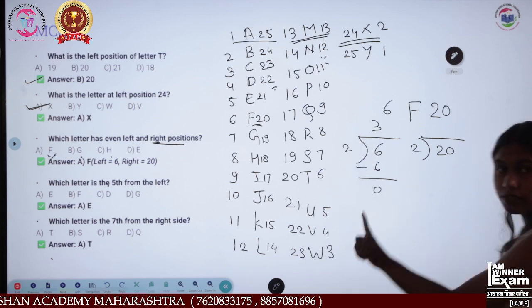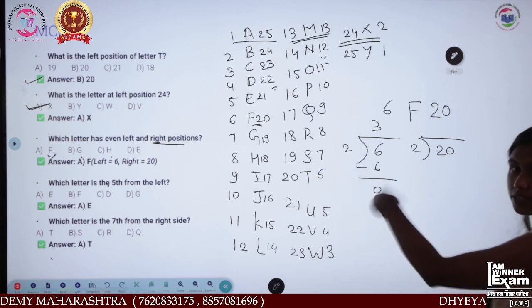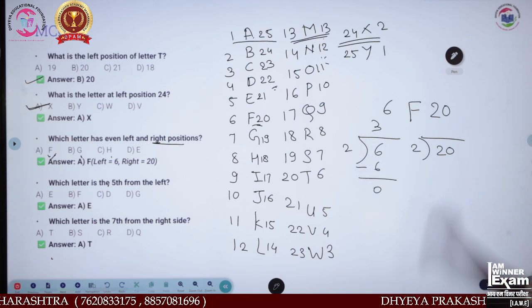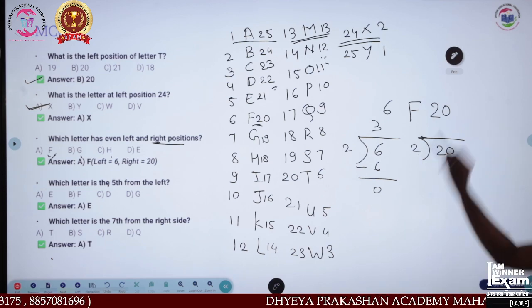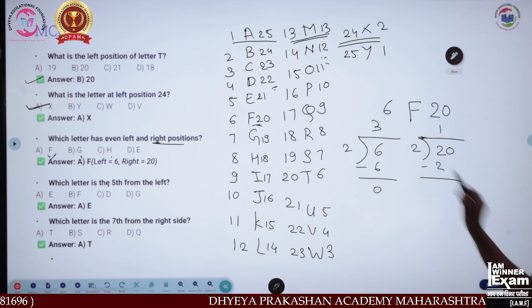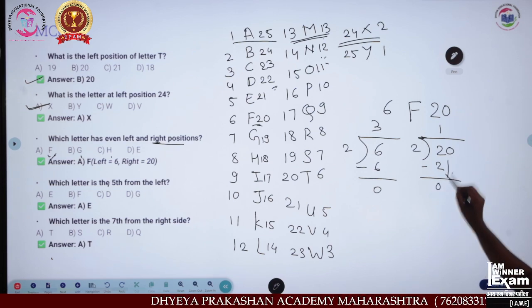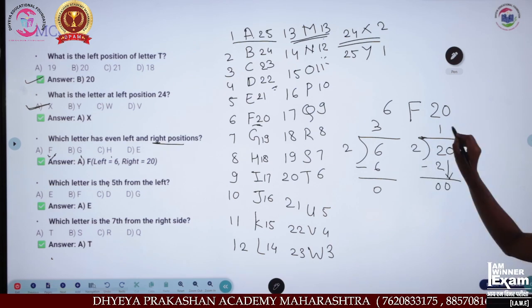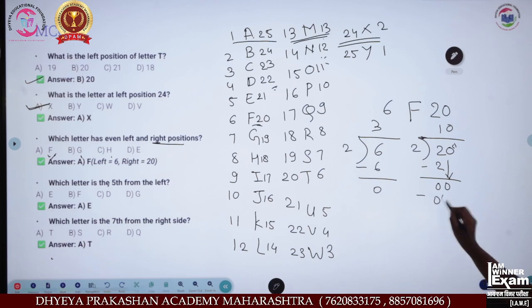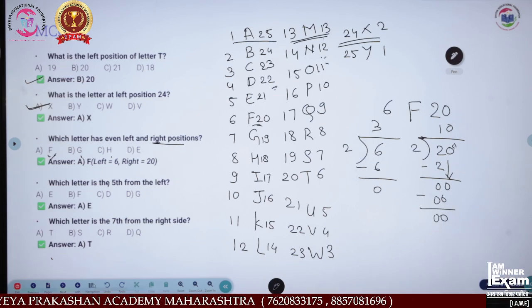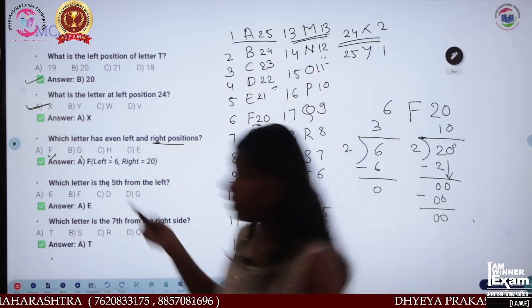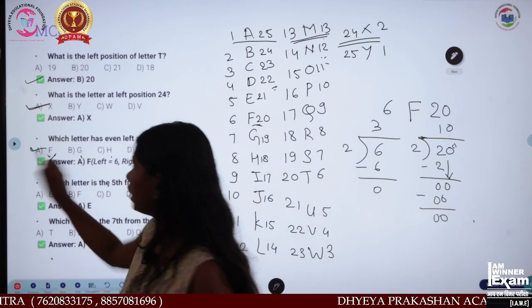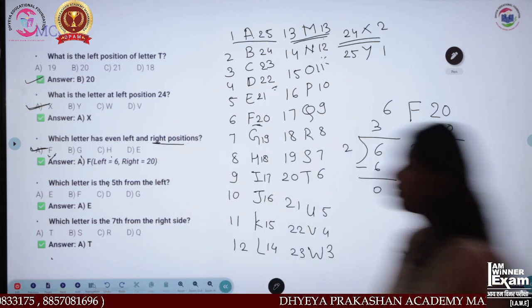So 6 is divisible by 2. Then let's check the other side, that is 20. 2 1s are 2, then 2 zeros are 0. So 20 is also divisible by 2. Means what will be our correct option? That is F. Means A, F.